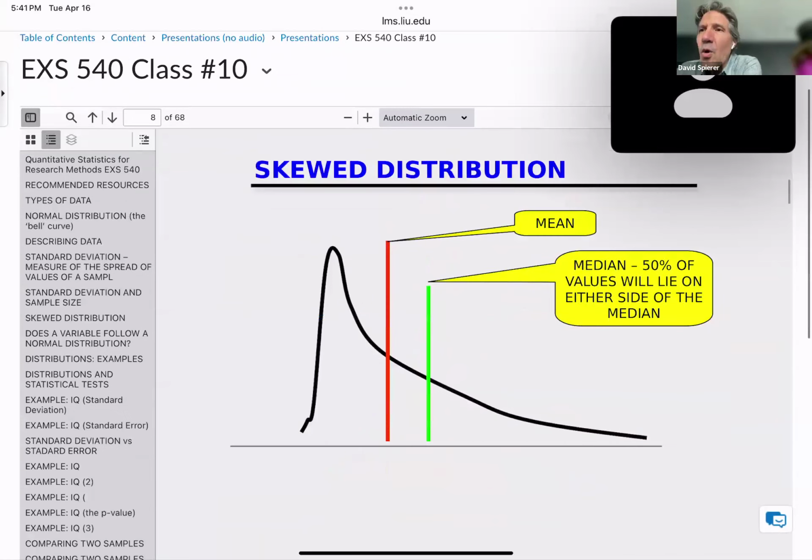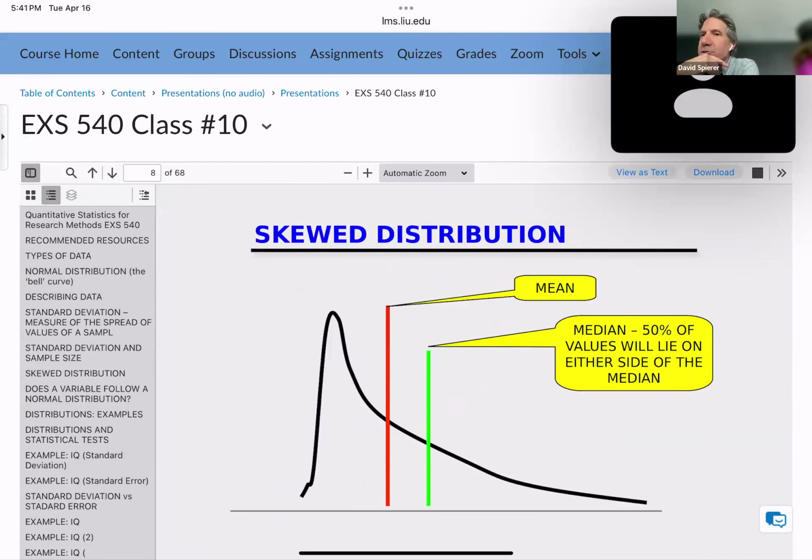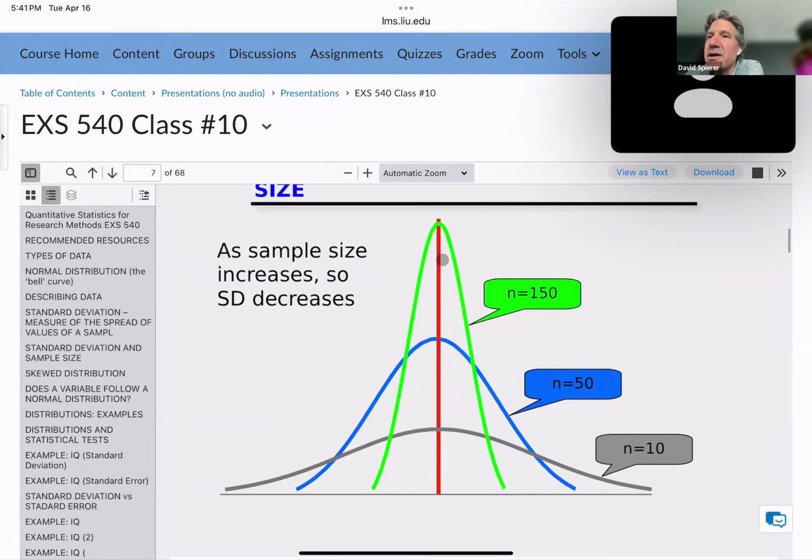So when we look at a skewed distribution, this means it's skewed to one side. So the average is not in the middle as it is here with this red line, but it's actually skewed to one side. Does anyone know what would cause a skewed distribution?